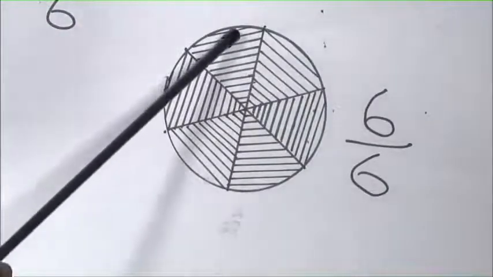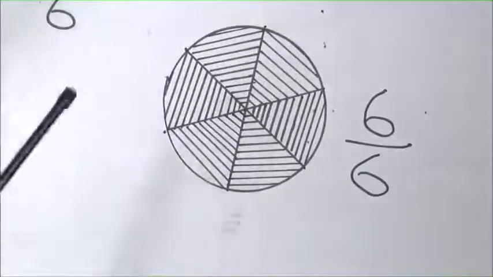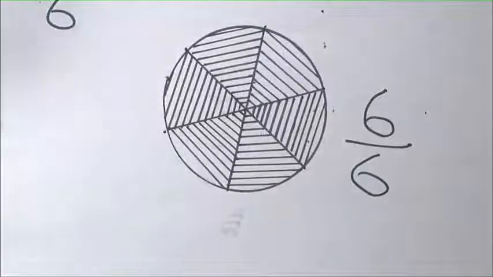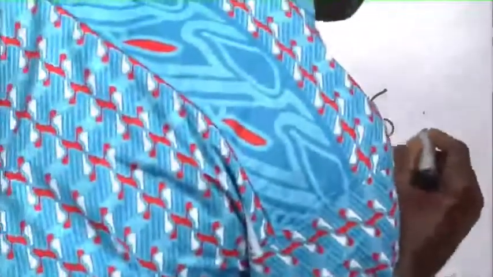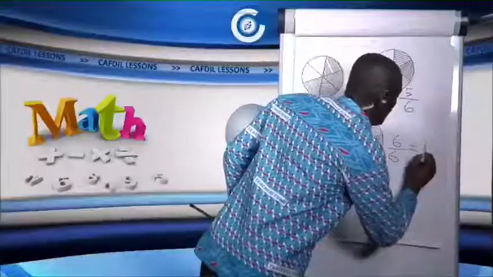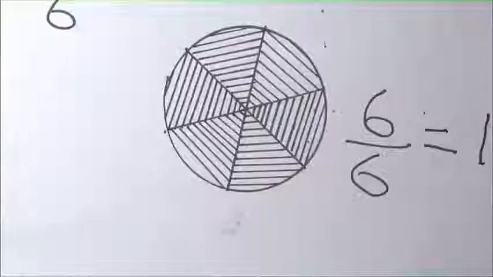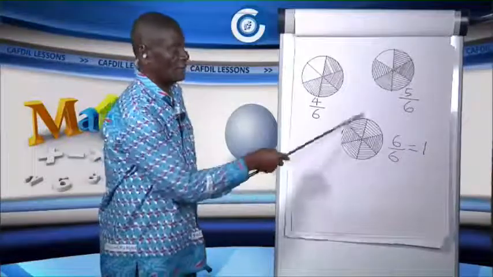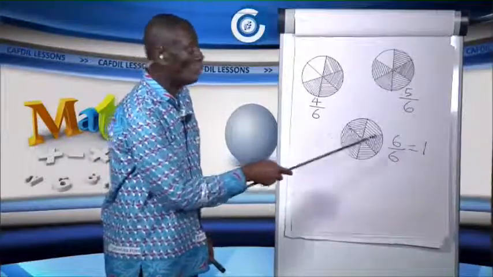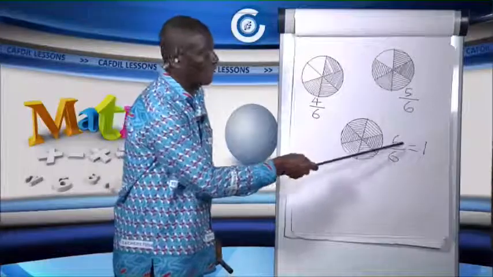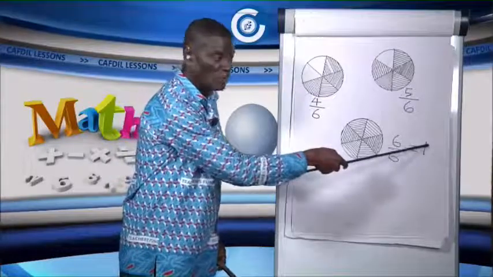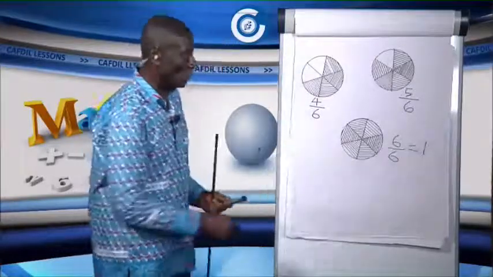You see again, the whole circle. So 6 sixths is also known as 1. It is one whole circle which has been shaded. So 6 sixths is equal to 1 whole. Very good. Let us continue.